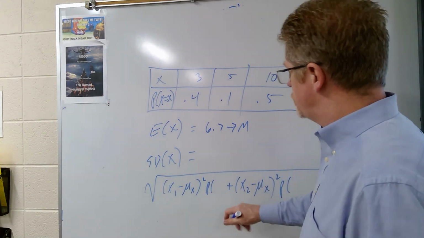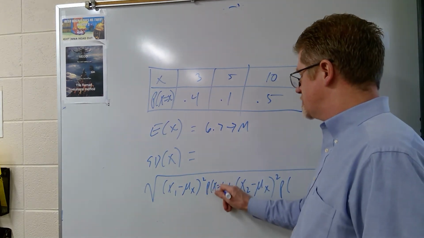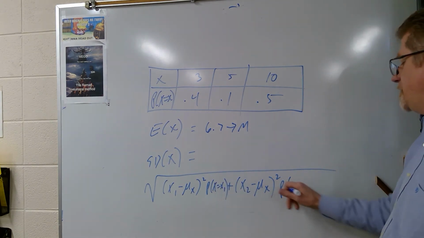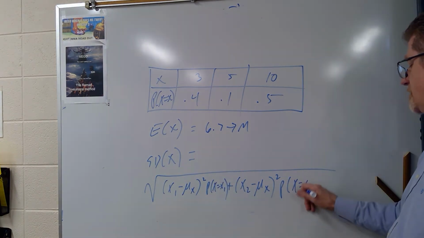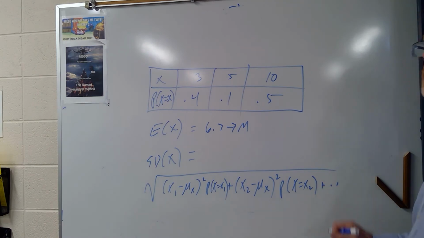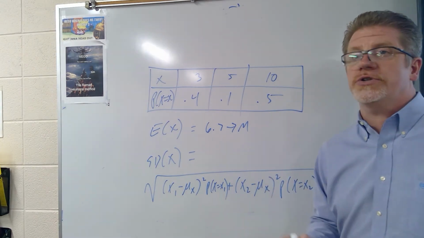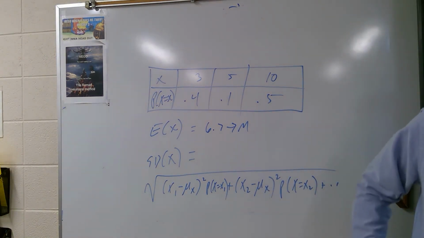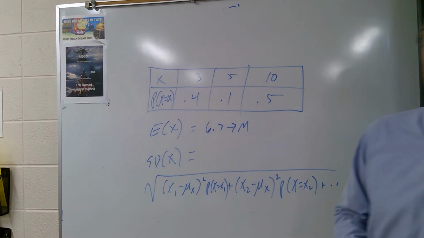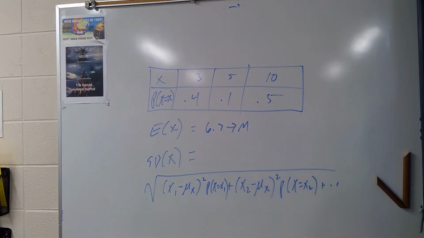The technical notation is the probability that capital X equals x1, multiplied by the probability that capital X equals x2, and keep going until you've got them all. So that's just a reminder of the standard deviation formula for a random variable.